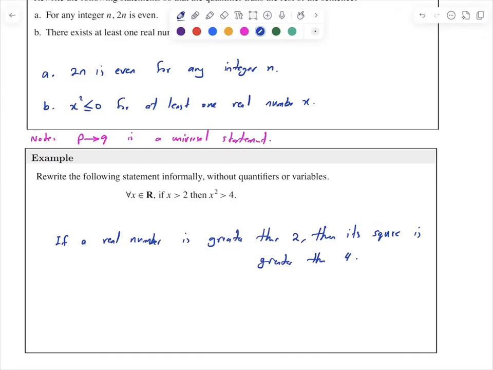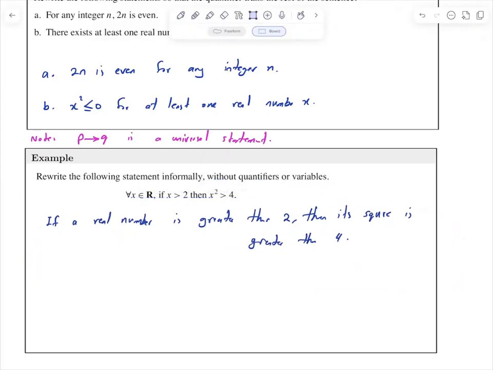You can take a look at this algebraically as well, right? You can verify this statement using algebra.